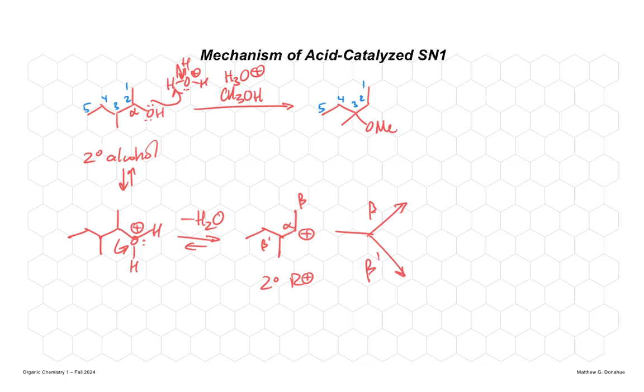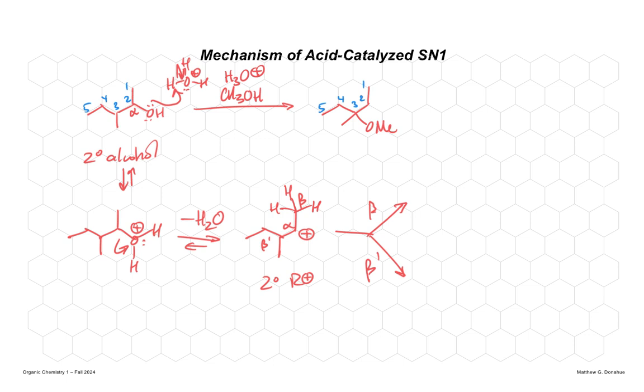On the beta carbon, there's 3 hydrogens. If we have one of those hydrogens shift, what class of carbocation will that form? It's primary.